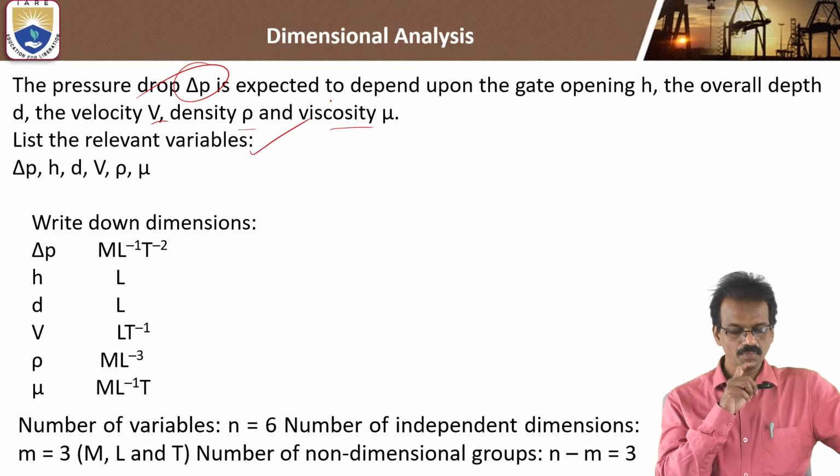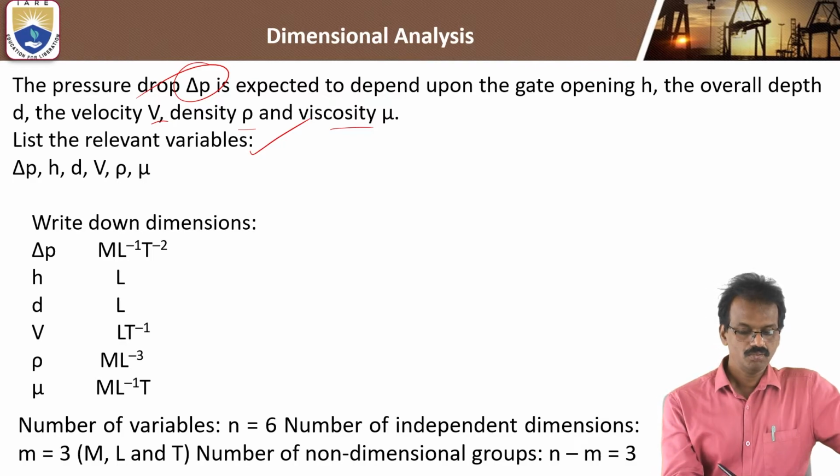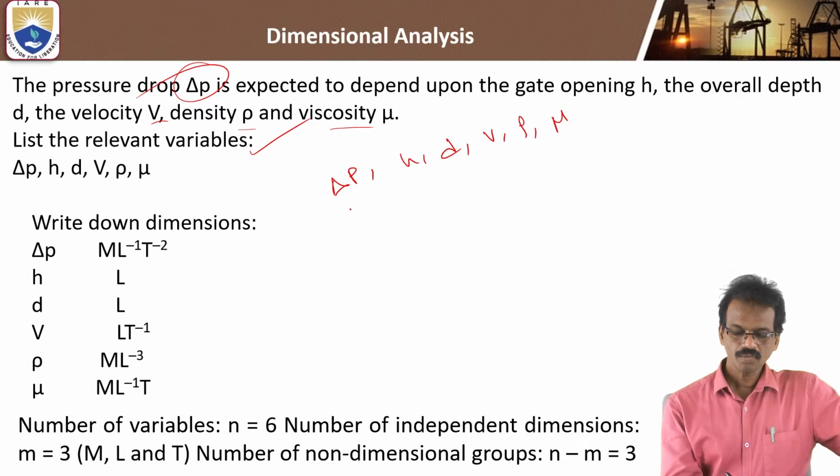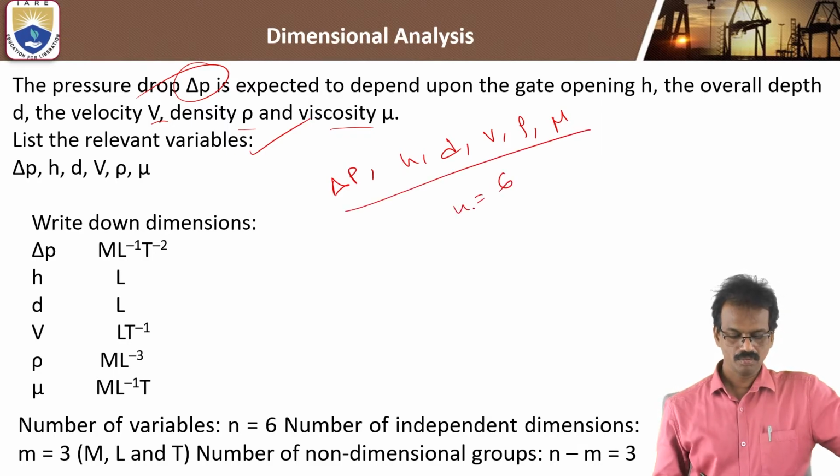The given parameters are delta p, h, d, velocity v, rho, and mu. So totally n value is equal to 6, in which you have to identify the m value.